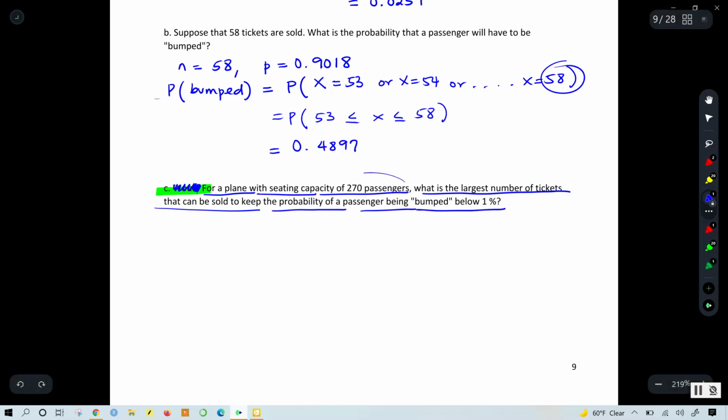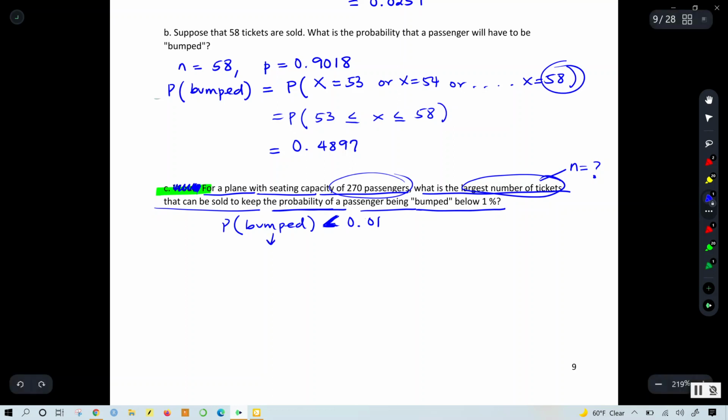So in this case, we're to assume that we have a plane with a seating capacity of 270 passengers, and we want to know the largest number of tickets. In this case, n is unknown, so that the probability of being bumped is kept to at most below, so less than 1%.